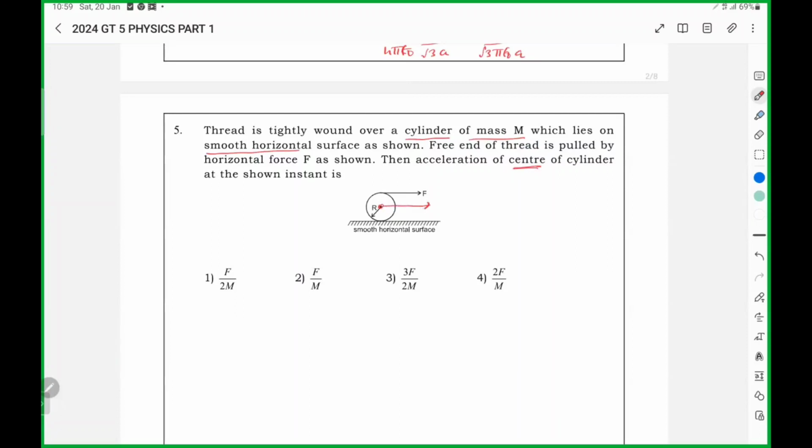The center of mass is under purely translational motion. If it is rolling, there will be torque on all other particles. They have two accelerations, one translational, the other due to rotation. But the center moves only in a straight line, that is purely translational. The force acting on it is ma. So the acceleration here is F by m.